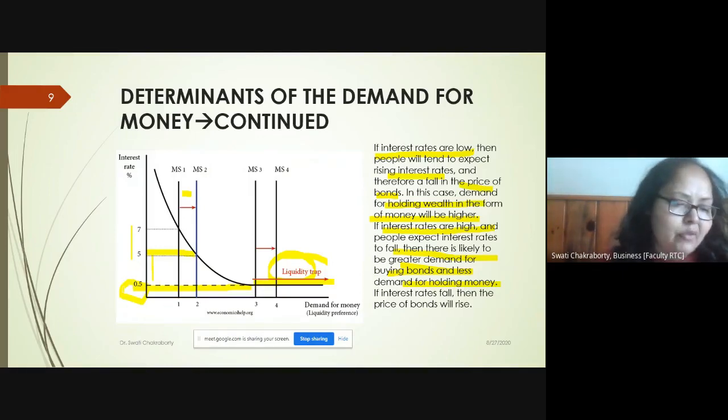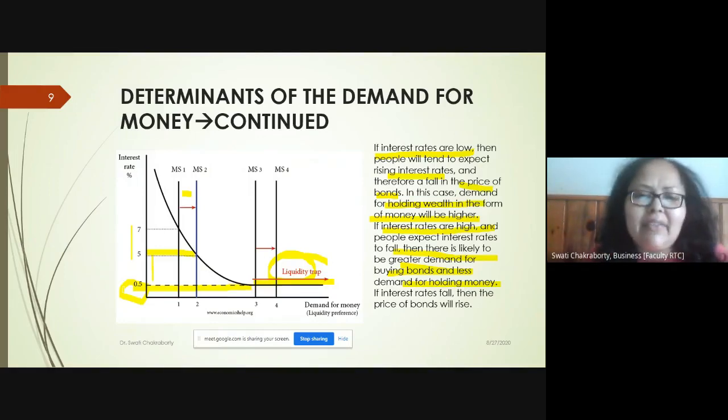So everyone would prefer to hold cash rather than debts, because the bonds are giving a very low rate of interest. The fear at this stage is that deflation is coming about, there is insufficient aggregate demand.